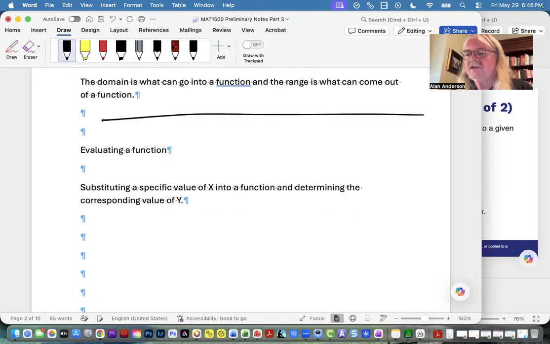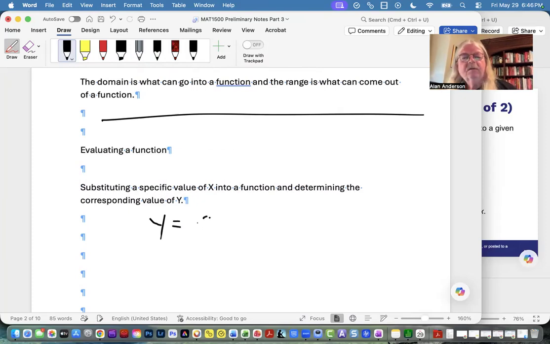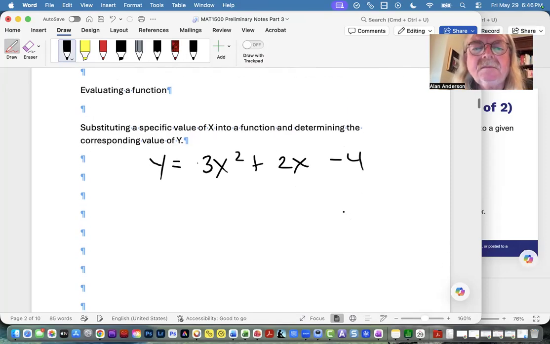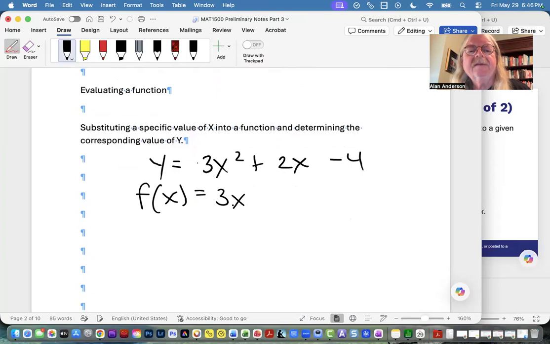All right. So just as a quick example, if our function is, let's say, y equals 3x squared plus 2x minus 4, and I need to know the value of the function when x equals 2, we often see it written in the following way.